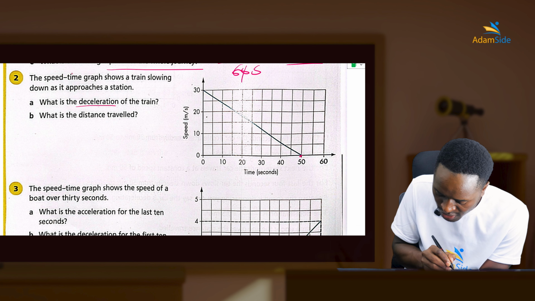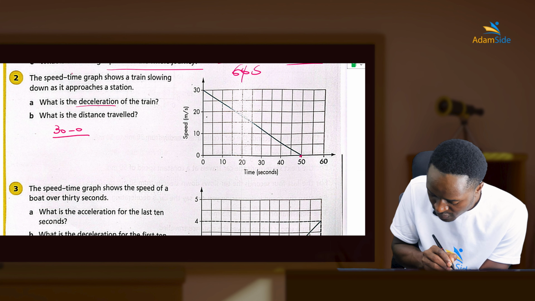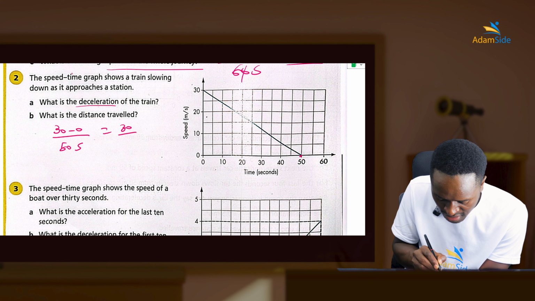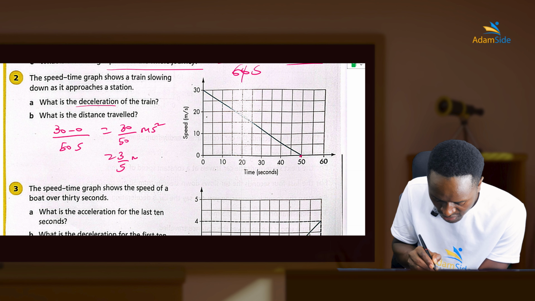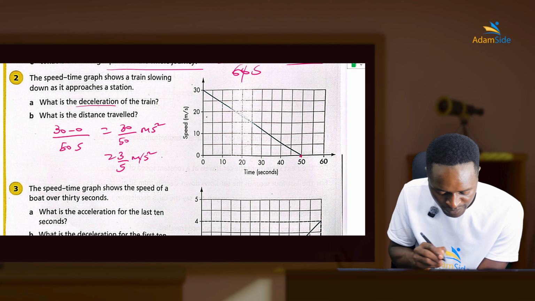So we take 30 minus 0 divided by the time taken, 50 seconds. You have 30 out of 50, that's 3 out of 5 meters per second squared.